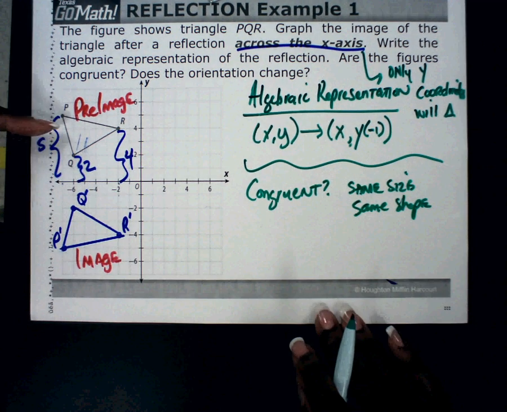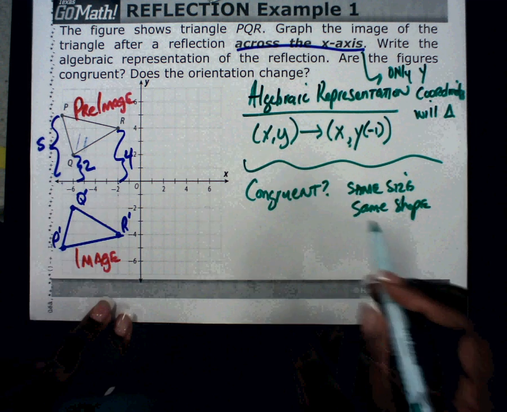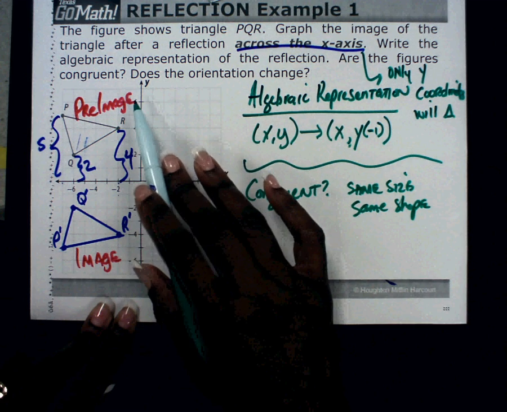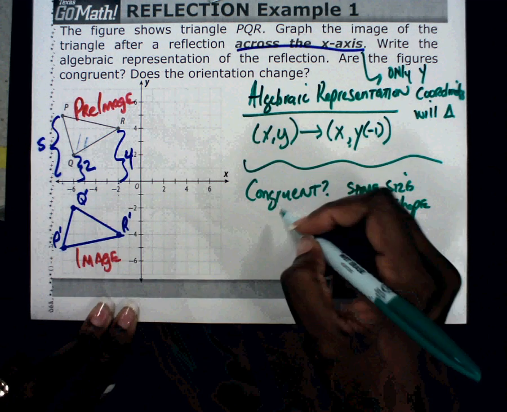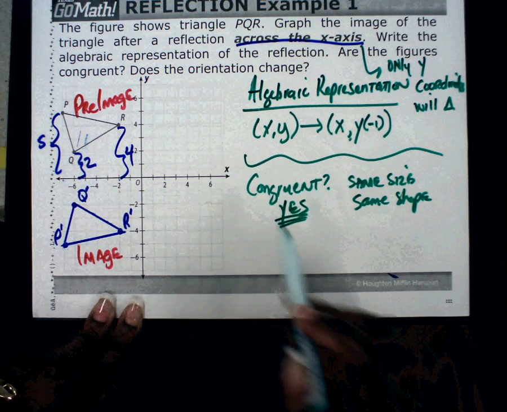Okay, excellent. So we did not change the size of the figure from the pre-image to the image, and the shape is still the same. It's still a triangle. So are these two figures, pre-image and image, congruent? So the answer is yes, they are congruent.